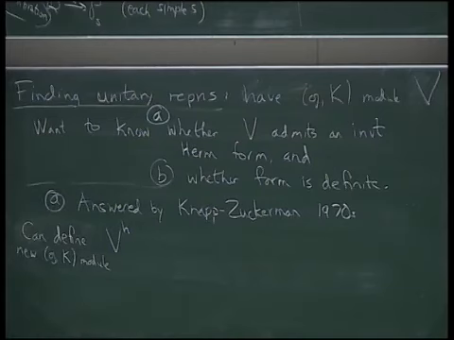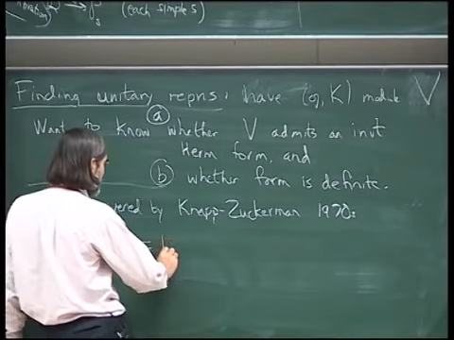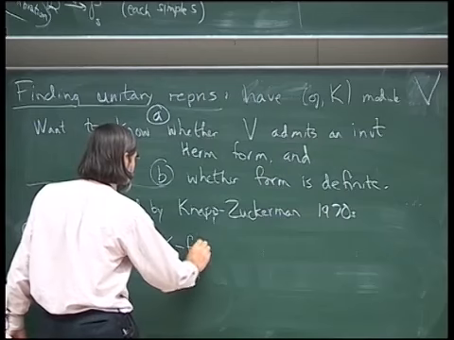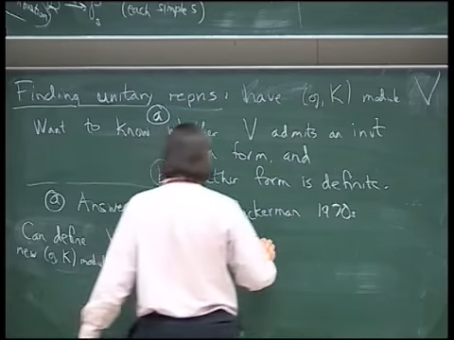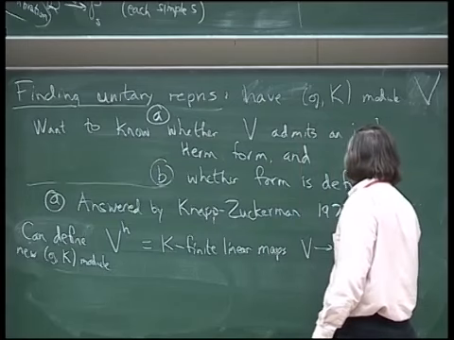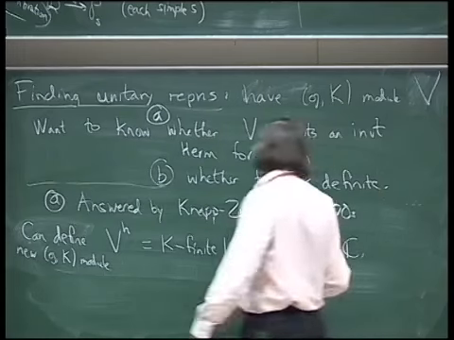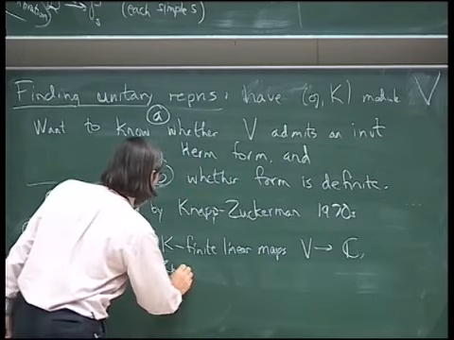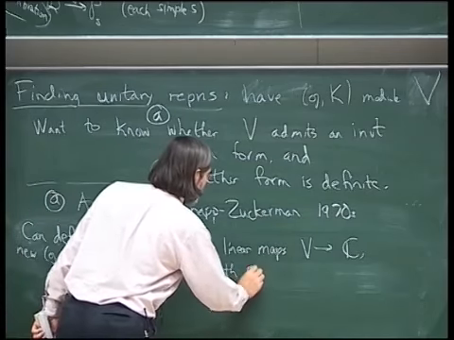So this V sub h, these are k-finite linear maps from V to C, but I want to endow them with the opposite complex structure.